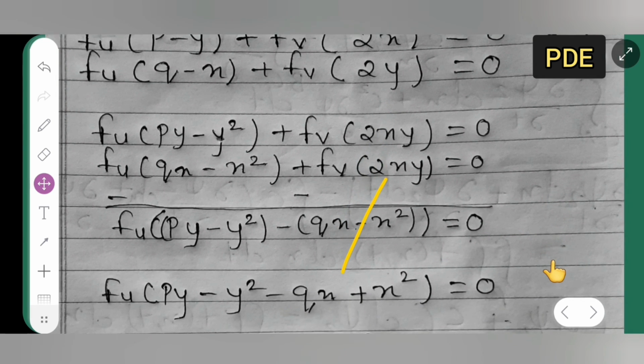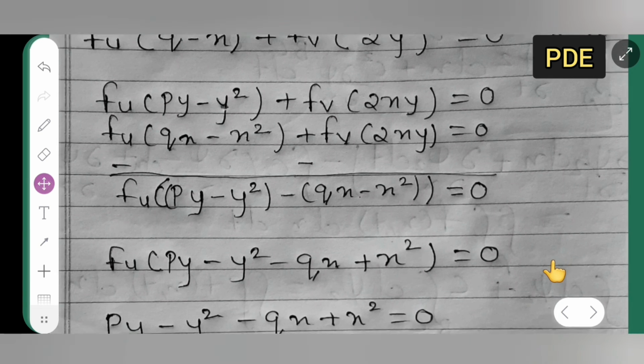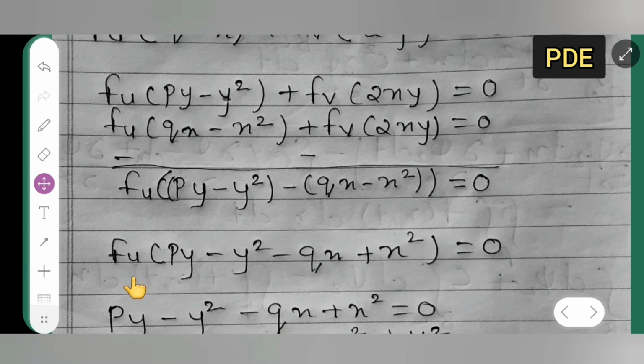Now f_u, write it as it is, open the bracket: py minus y square minus qx plus x square, since minus and minus will become plus, is equal to 0.